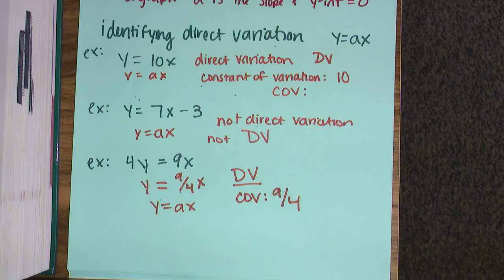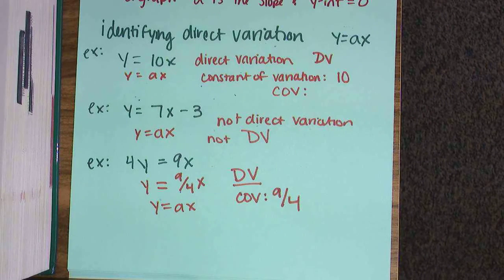Let me see if there's anything else. I think for the most part, the rest of this we'll just go over in class when we get there. We can do this from looking at a table. We can graph the line of direct variation.